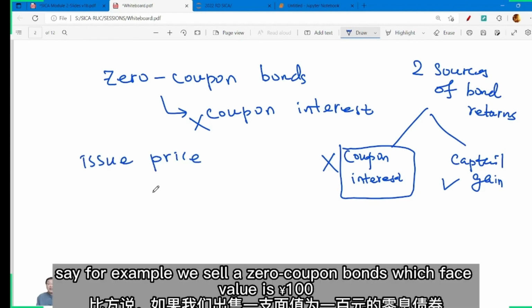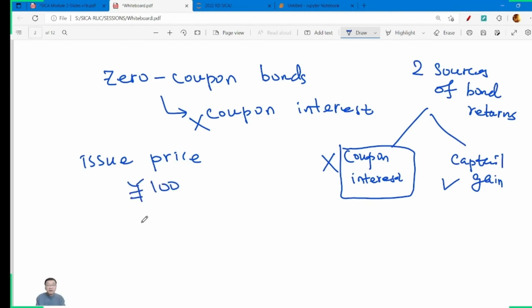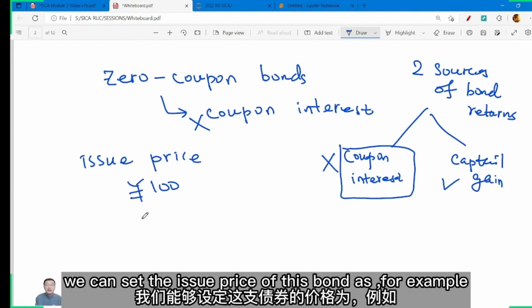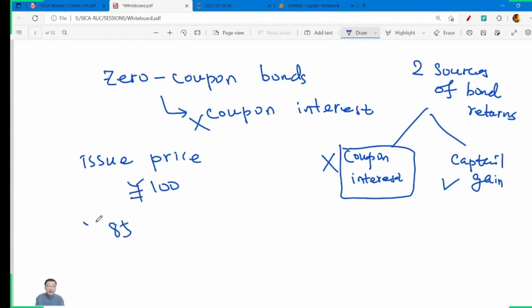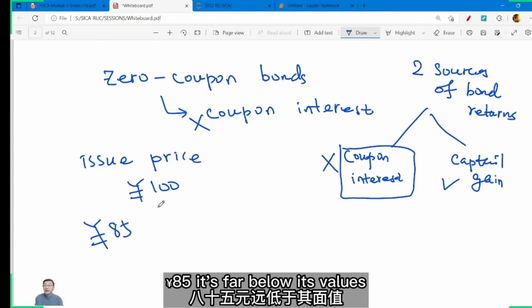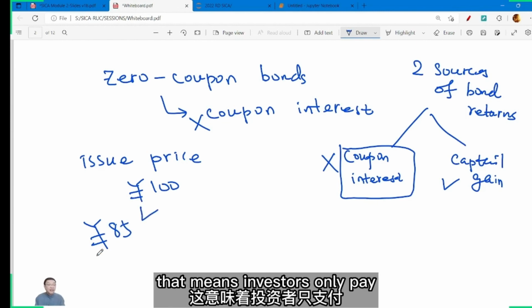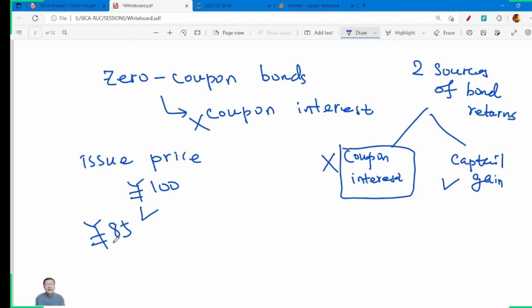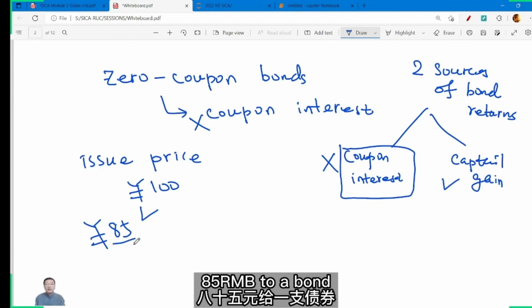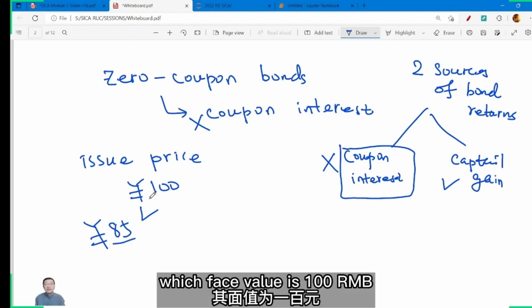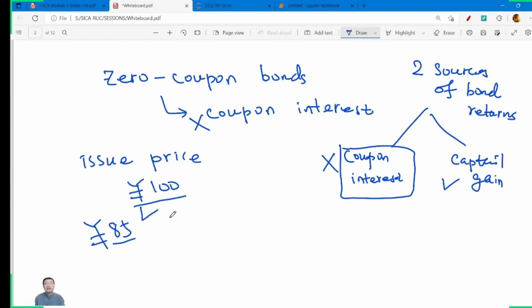Say, for example, we sell a zero coupon bond whose face value is 100 RMB. In order to sell it, we can set the issue price of this bond at, for example, 85 RMB. It's far below its face value. That means investors only pay 85 RMB for a bond whose face value is 100 RMB.